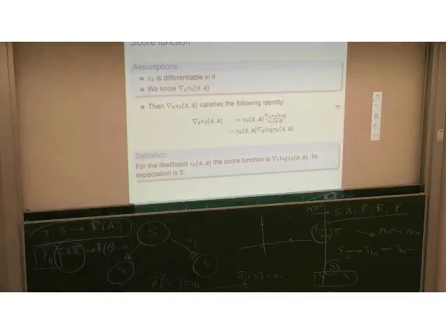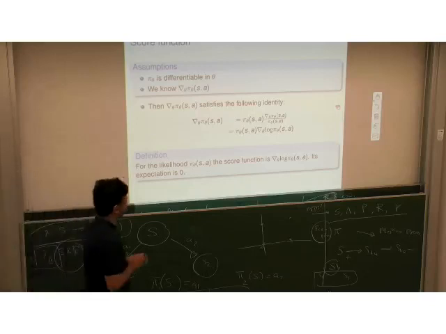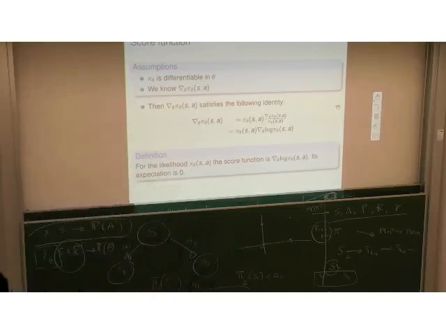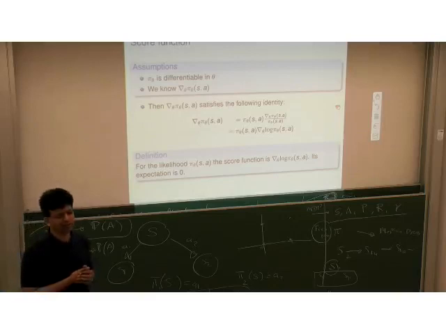I don't want to write it again on the board, but what is interesting and what I will probably not cover: this is the expected value of this score. What is its variance? Its variance is what's called the Fisher information. Maybe we can think about doing this next time. The variance of the score is what's called Fisher information. It's a very useful quantity, and actually you can refine this policy gradient algorithm quite nicely if you use the variance of this.